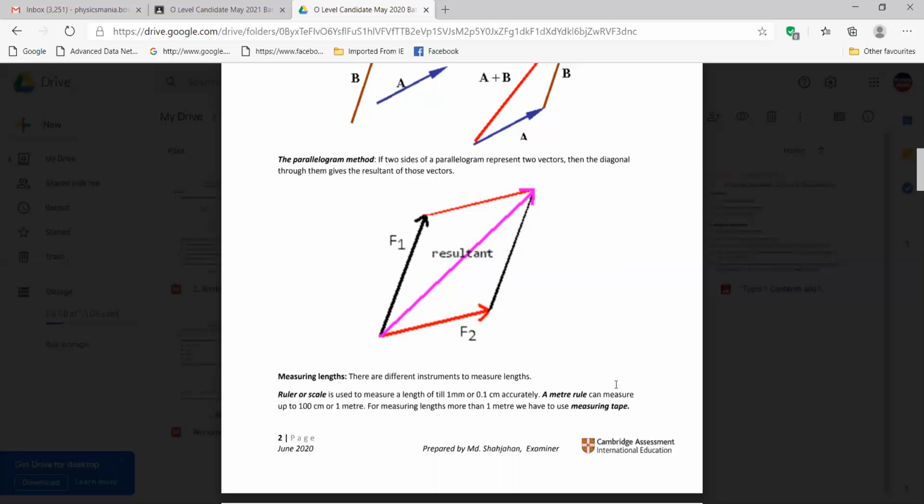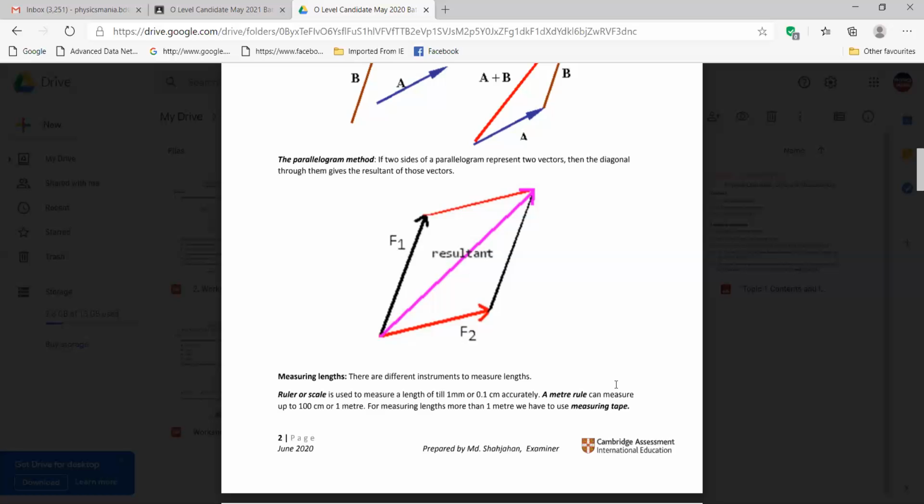Another thing we can get from here, that is, with this ruler, we can measure till 1 millimeter accurately, right? Yes, sir. Like 1 millimeter is 0.1 centimeter.